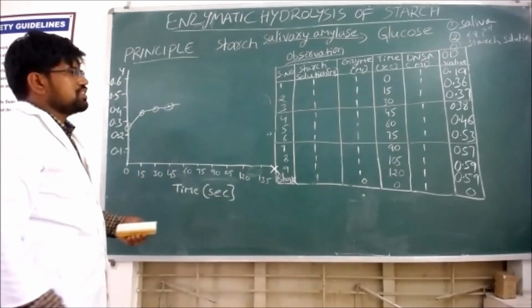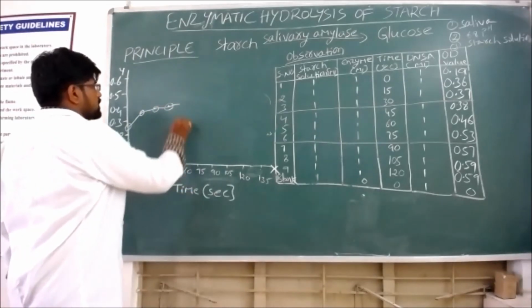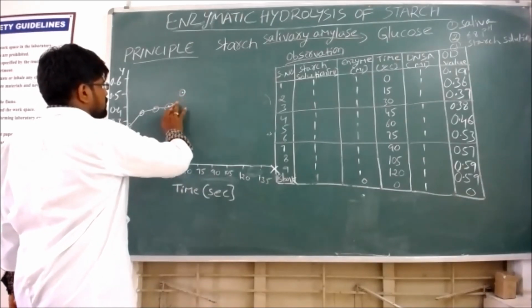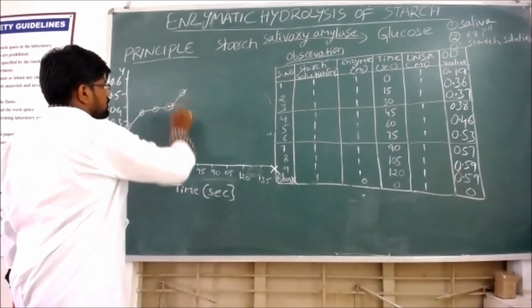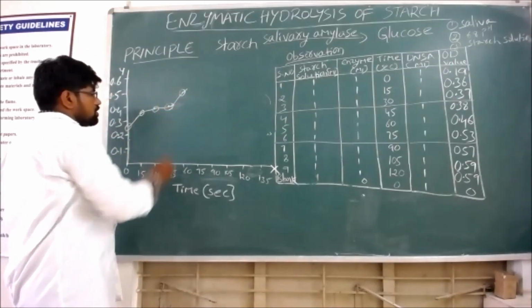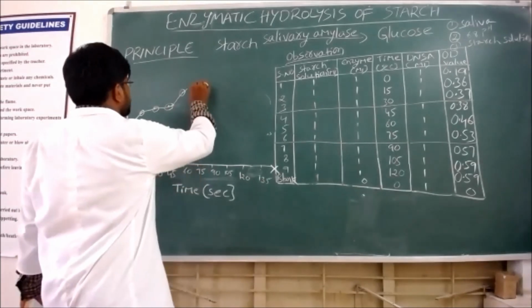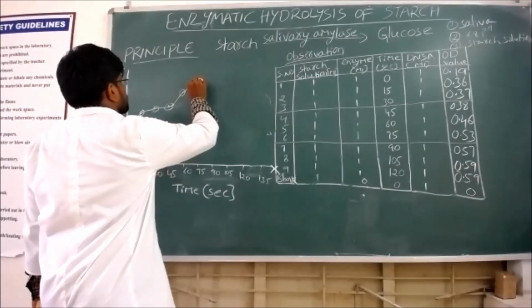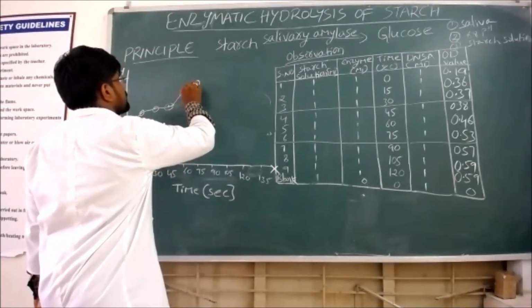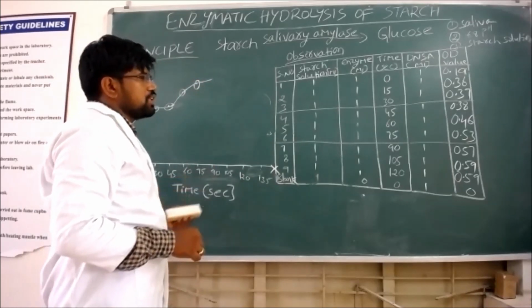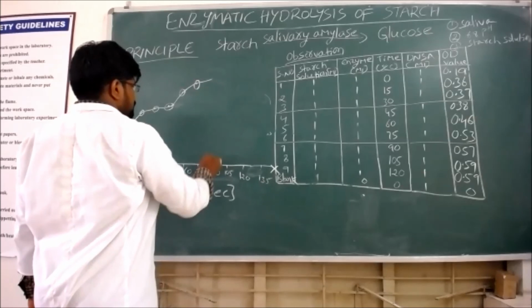At 60, it is 0.46. At 75, it is 0.53. At 90, it is 0.57.